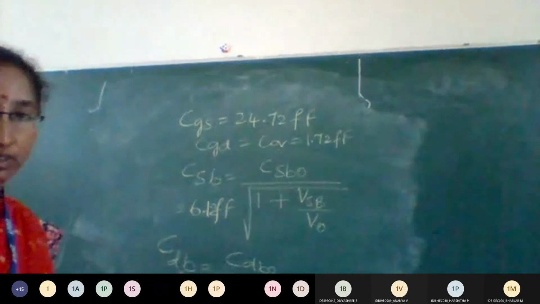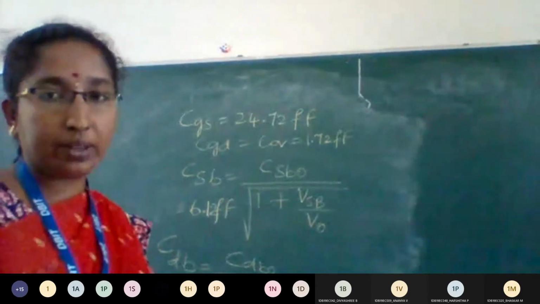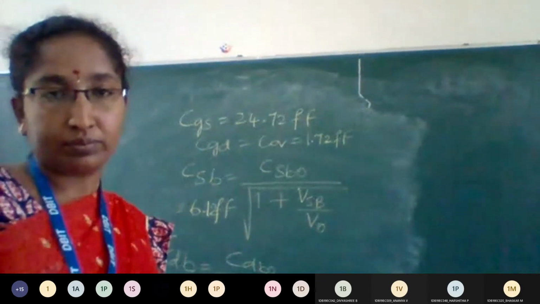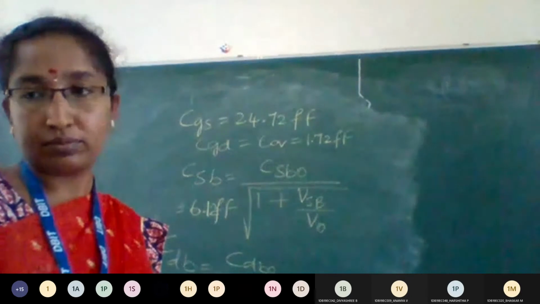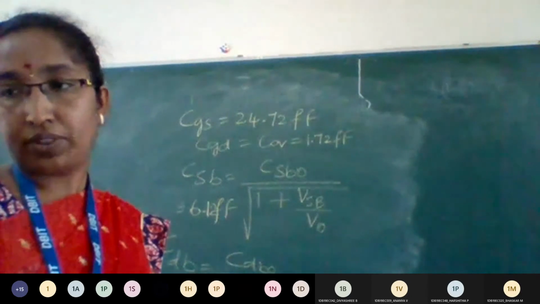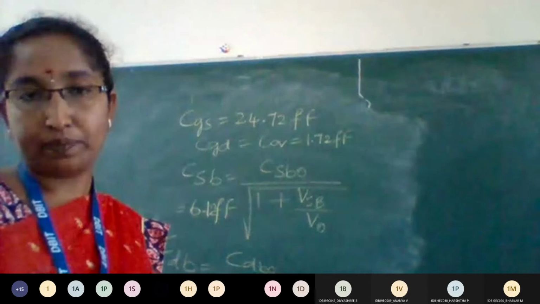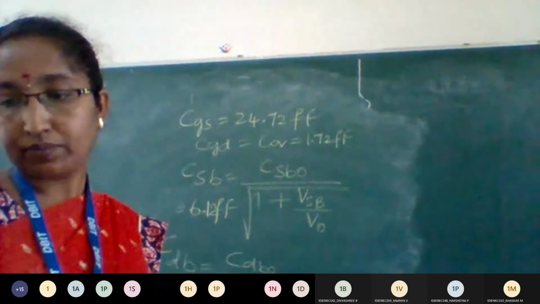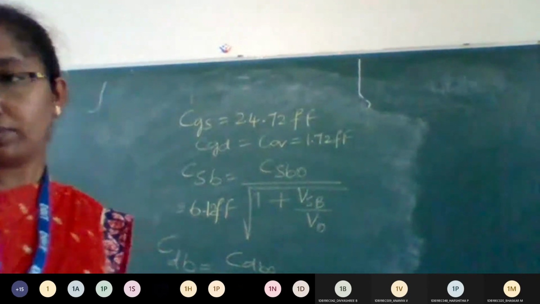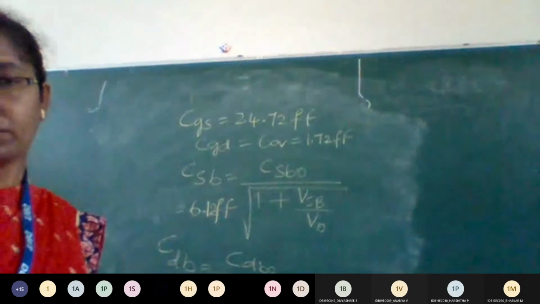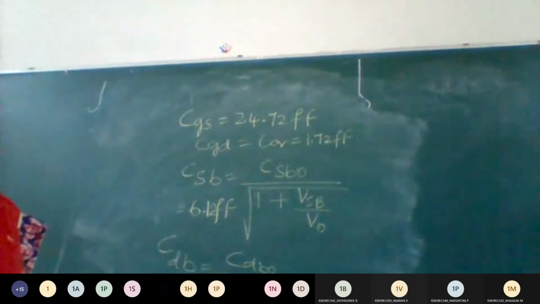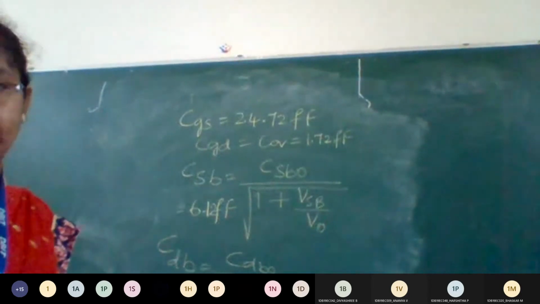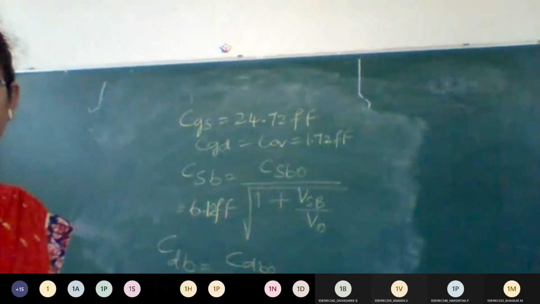In CDB, have they given VDB? VSB was given, but is VDB given?